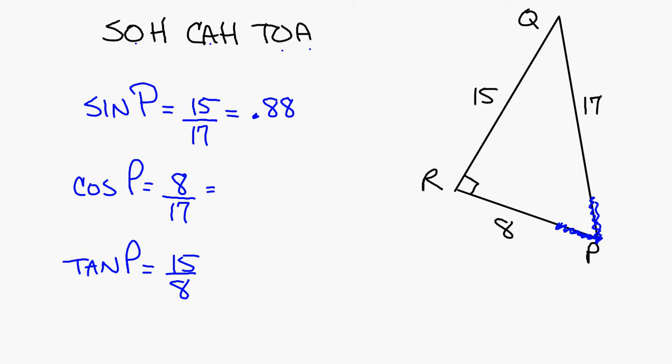And then 15 divided by 8, and that is 1.88. That's your sine, your cosine, and your tangent of angle P in relation to that triangle. Any questions on those three ratios?